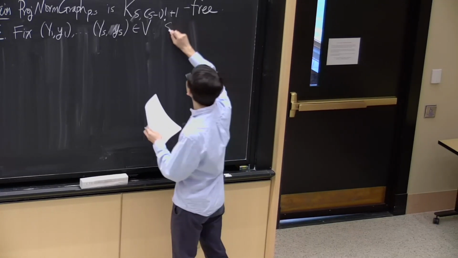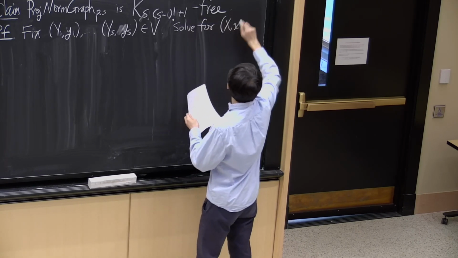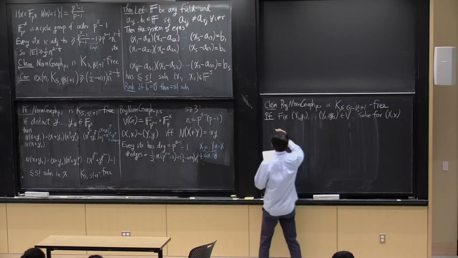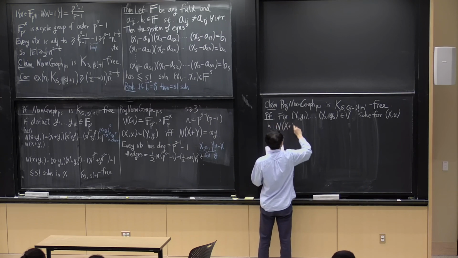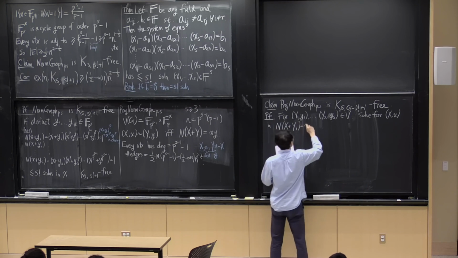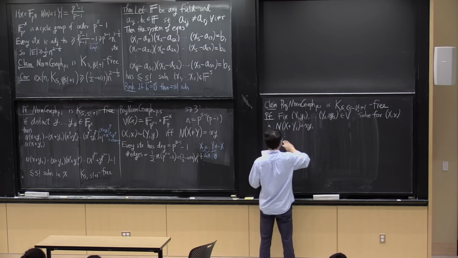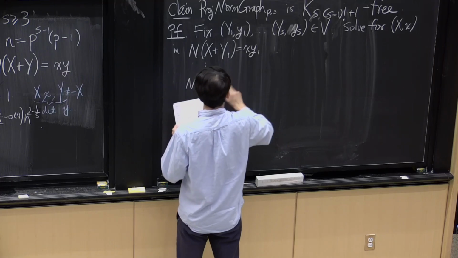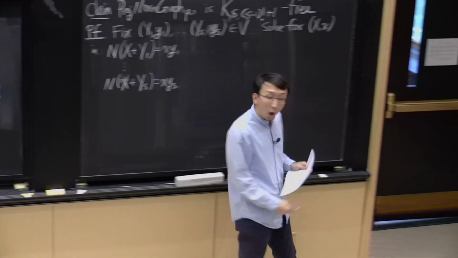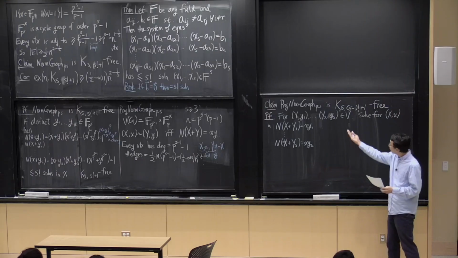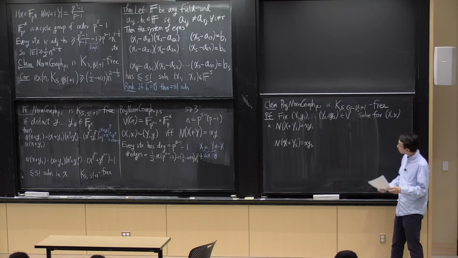And now we need to solve for uppercase X, lowercase x in this system of equations. So we're asking how many different pairs, big X, little x, can appear as a solution to this system of equations.